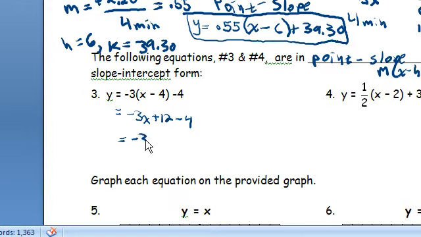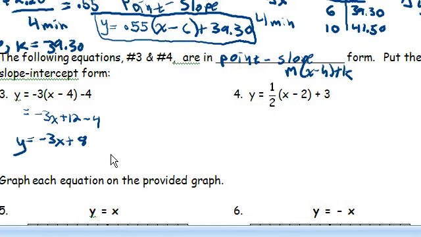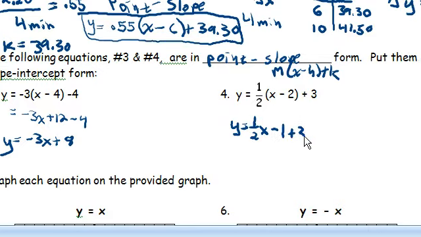And that gives us negative 3x plus 8. And that equals y. And then for number 4, we'll have y equals 1/2 times x minus 1 plus 3. And that gives us 1/2 x plus 2. And that equals y.